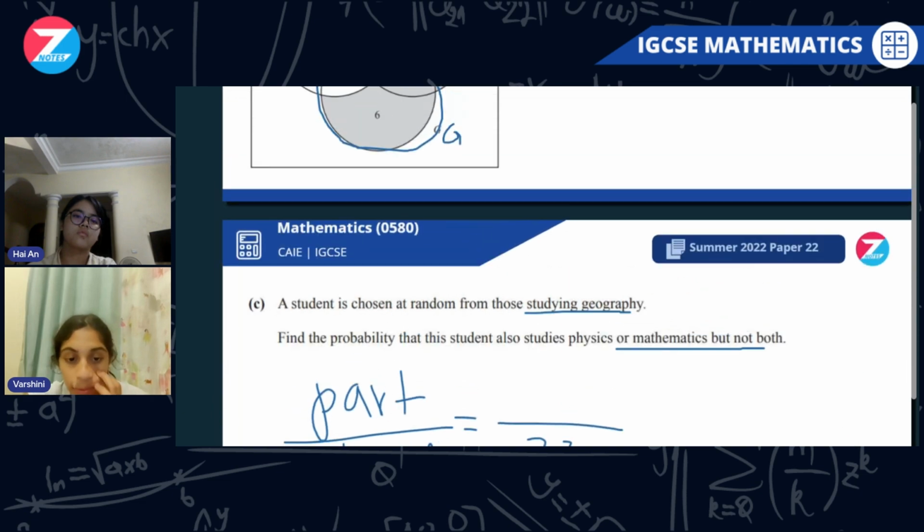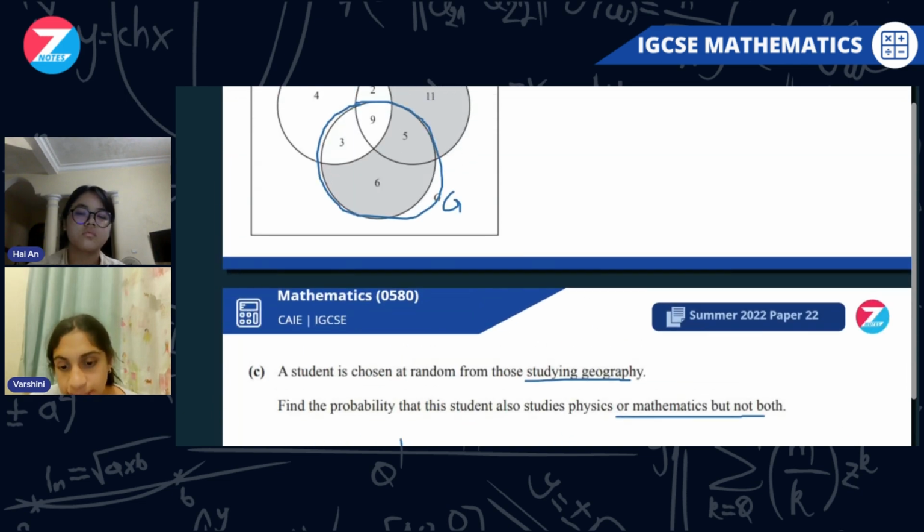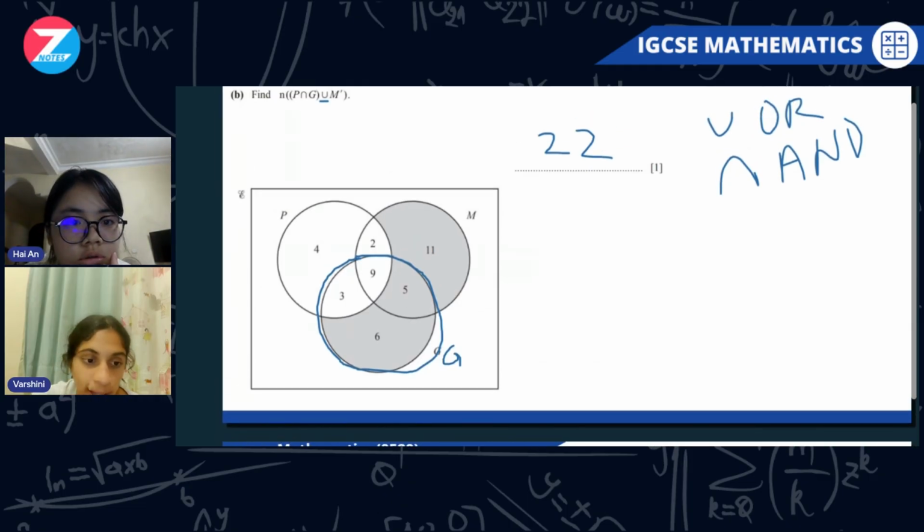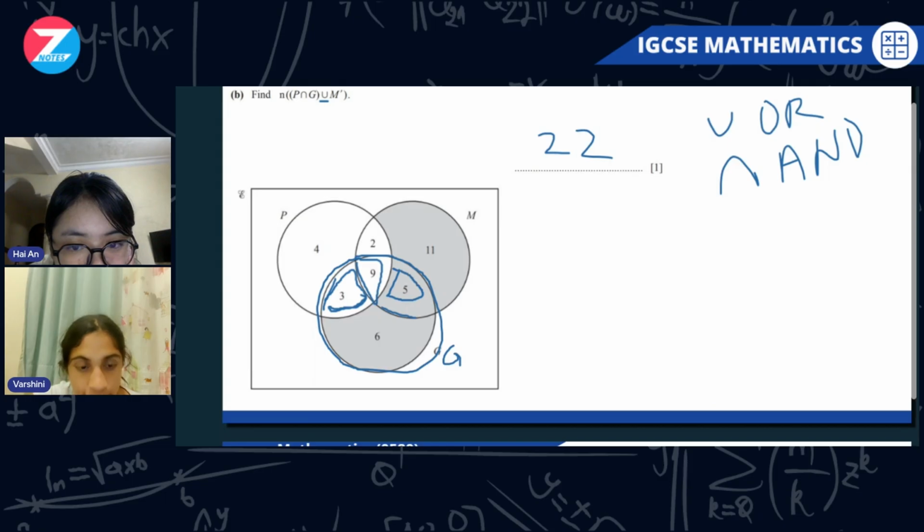Now, what is the part we want? We want the students that study physics or math, but not both physics and math. The people in this 9 bucket come under both physics and mathematics, so we don't want those students. We only want this 3 bucket, the students who only study physics and geography, and this 5 bucket, the students who only study math and geography.